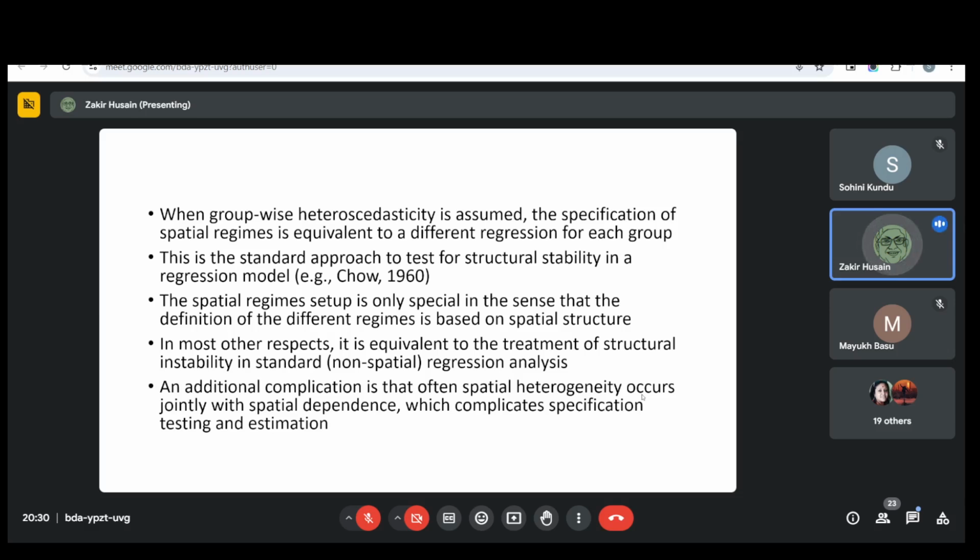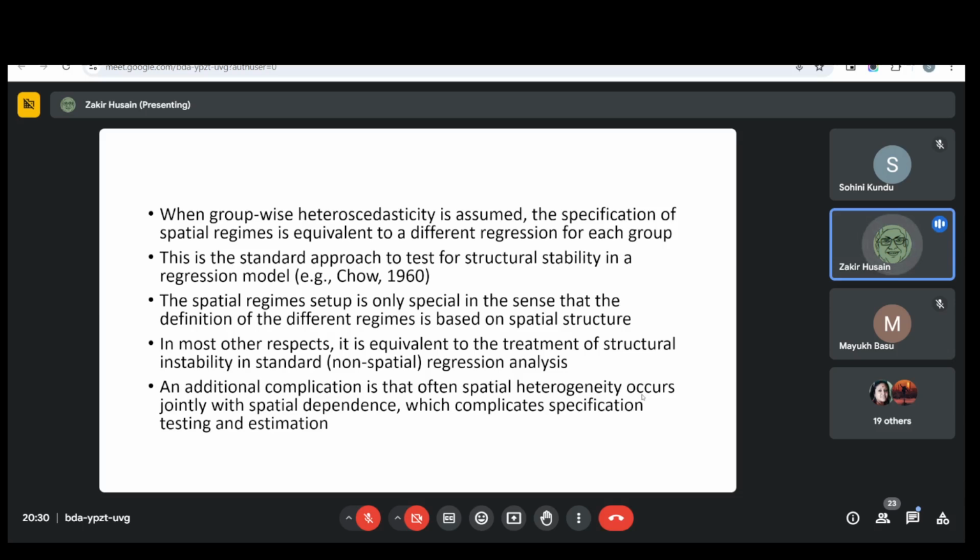The only problem is when the SAR model's autoregressive component comes in, or the spatial error component comes in, or the SARMA, so you have both the autoregressive component and the spatial error component.